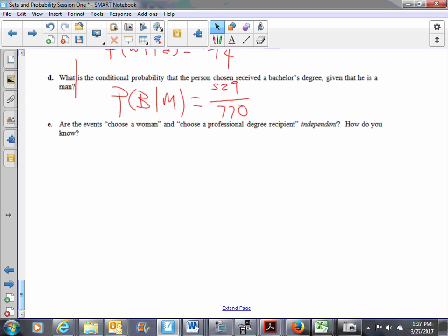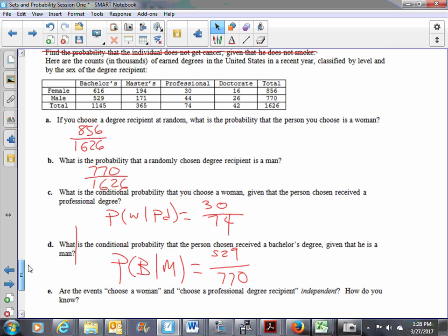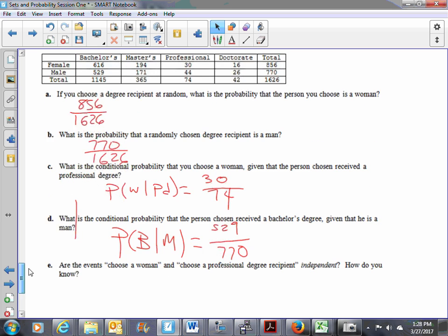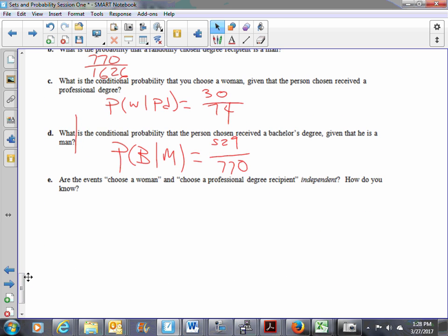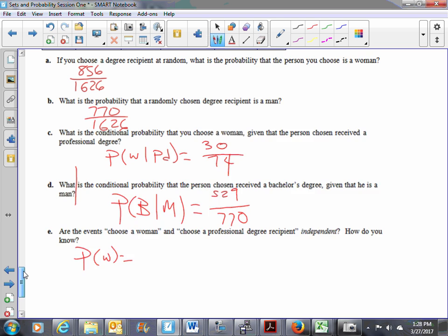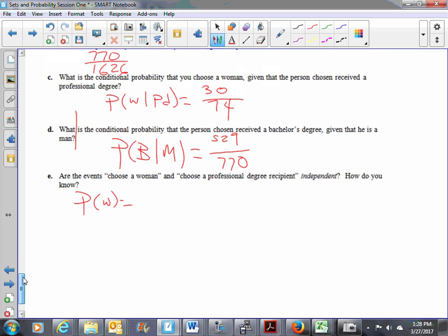And are the events choose a woman and choose a professional degree recipient independent? How do you know? Okay. Probability the person is a woman is, let's go up there and see, 856 over 1626.